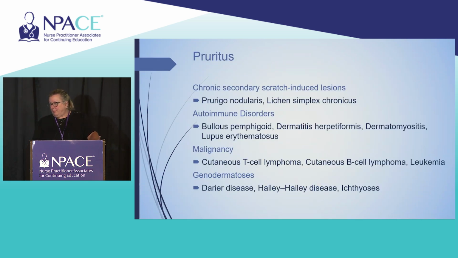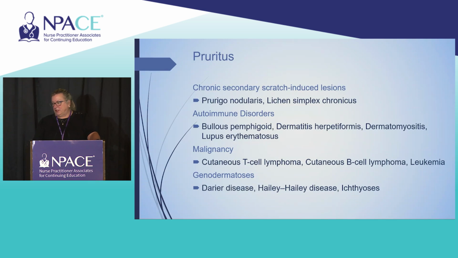So pruritus is a common symptom of these chronic secondary itch-scratch conditions. So not only lichen simplex, but also prurigo nodularis. It's just the exquisitely itchy bumps that the more people scratch, the thicker the bumps get. The thicker they get, the more they itch, the more they scratch. And there's no easy treatment for that.